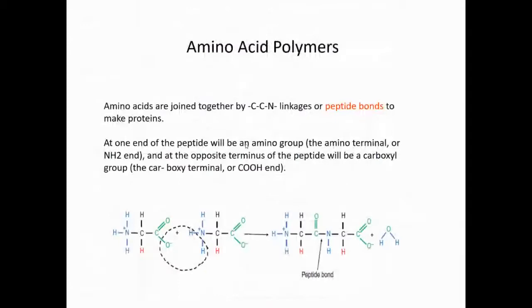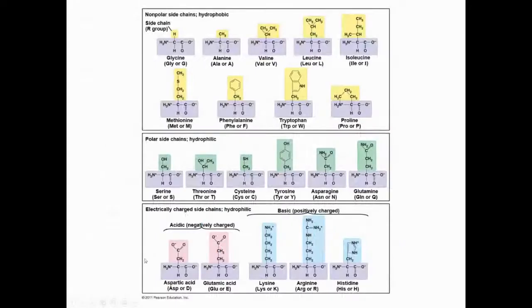And then the other two groups here are the acidic amino acids. Basically, they have a negative charge. You can see the carboxyl group here, because they lose a proton, that's why they become negative.